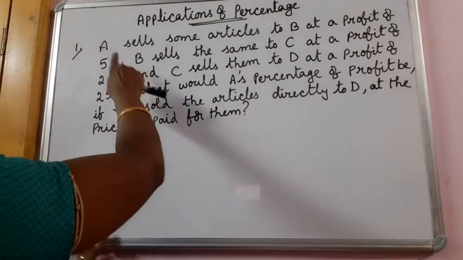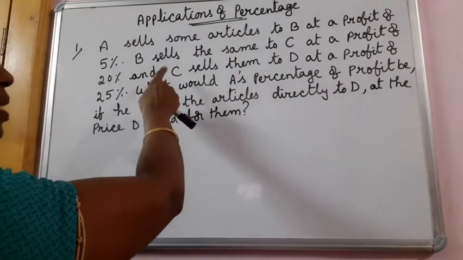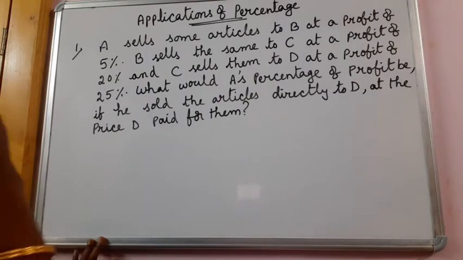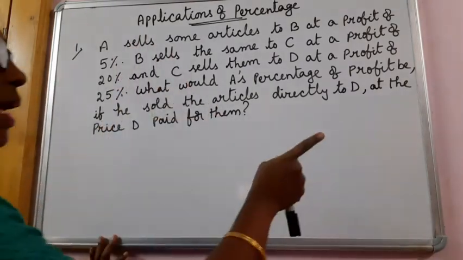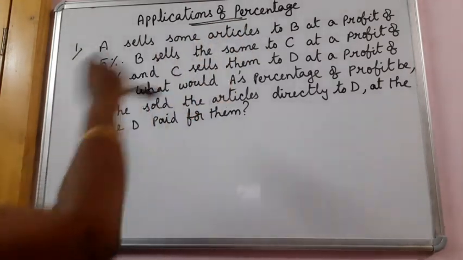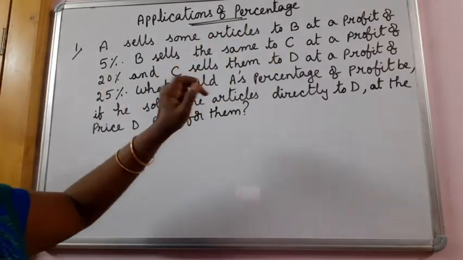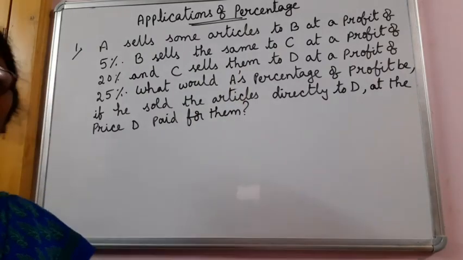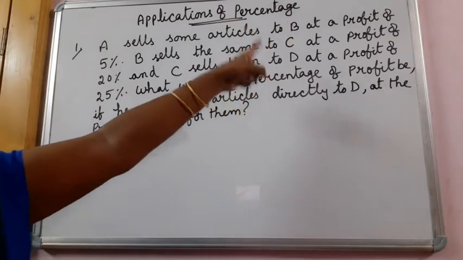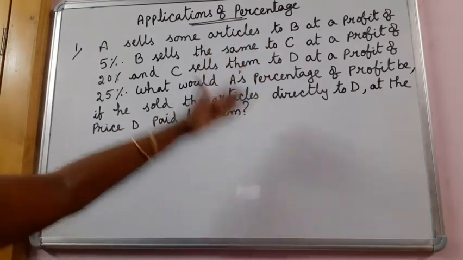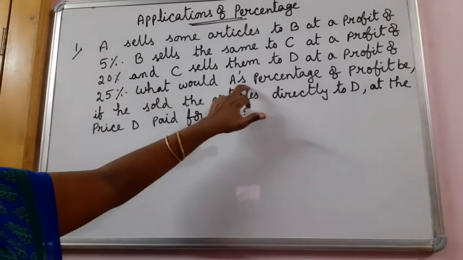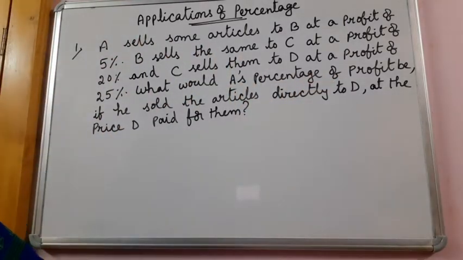Just A sells to B, B sells to C, C sells to D at different rates of profit percentage. That means the selling price of A is the cost price of B, the selling price of B is the cost price of C, the selling price of C is the cost price of D. So, if A directly sells to D, that means the cost price of D is the selling price of A, then what would be A's profit percent we have to find.